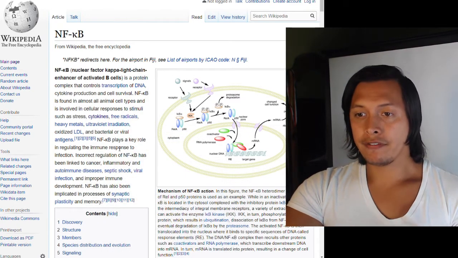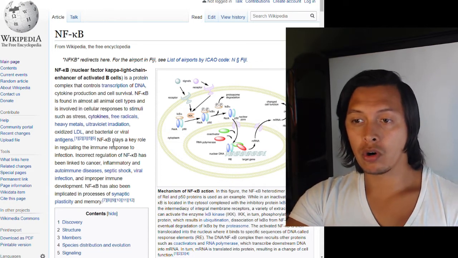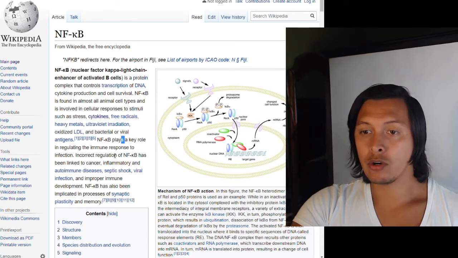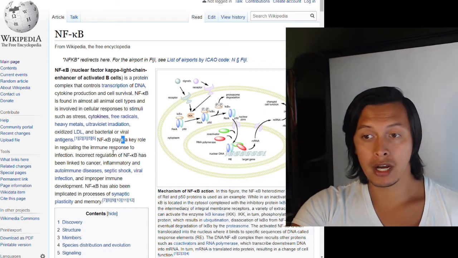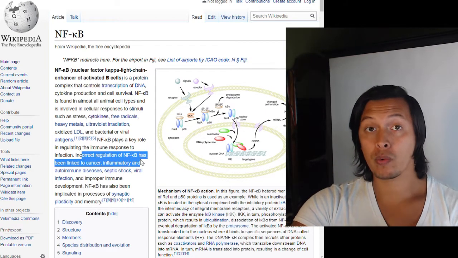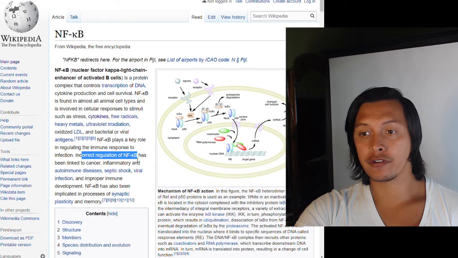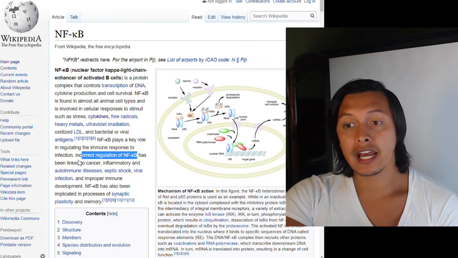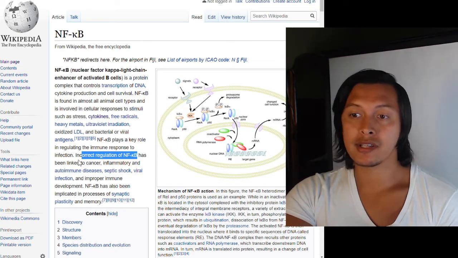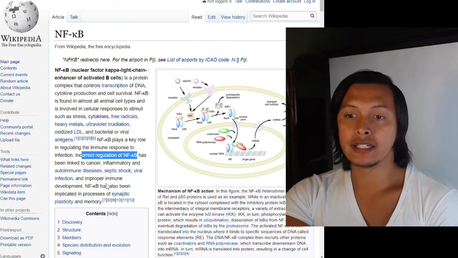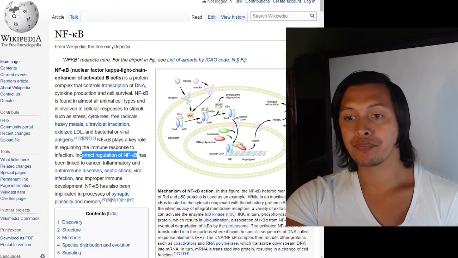NF-kappa B plays a key role in regulating the immune response to infection, and incorrect regulation of nuclear factor kappa B has been linked to cancer, inflammatory and autoimmune diseases, septic shock, viral infection, and improper immune development.